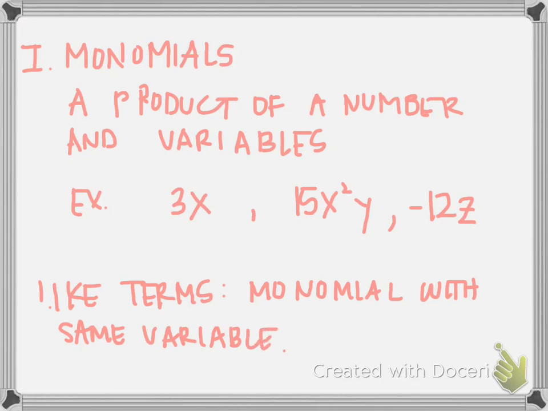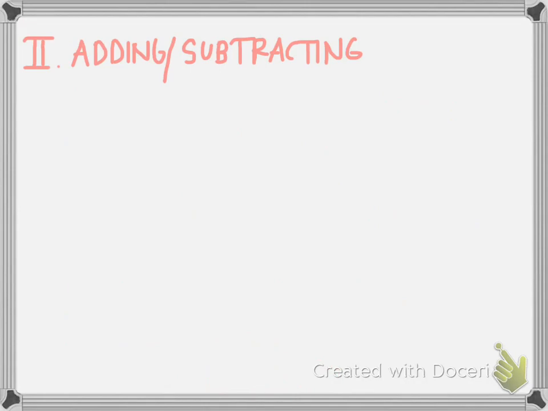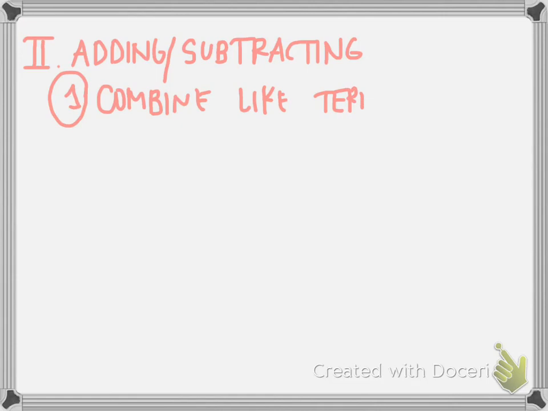So like 15x squared y, and if I said 12x squared y, those are considered like terms because they have the same variables with them. So adding and subtracting monomials means combining like terms. So nothing new. We've done this a lot.